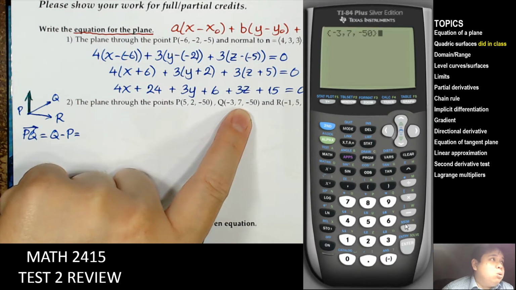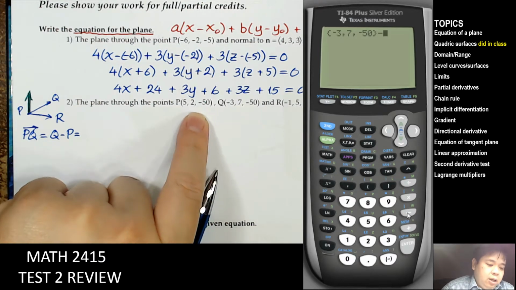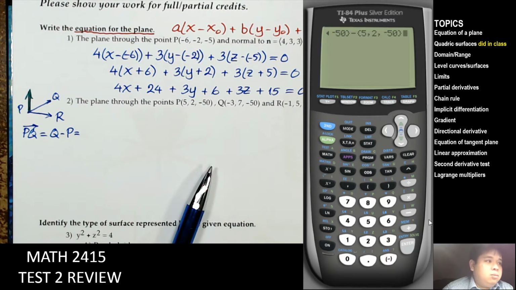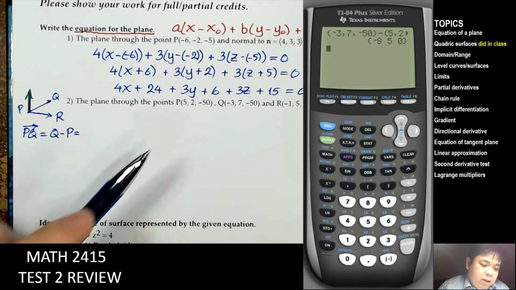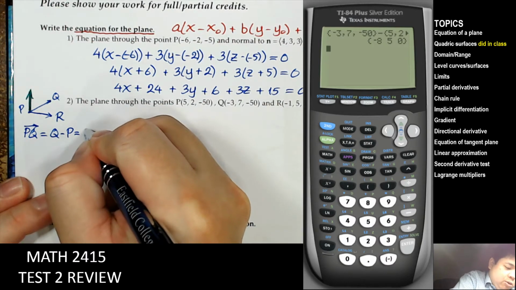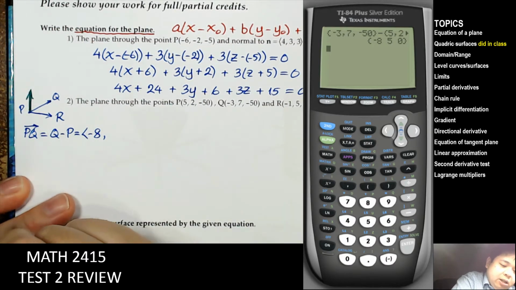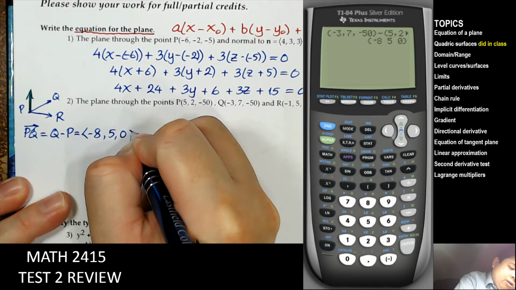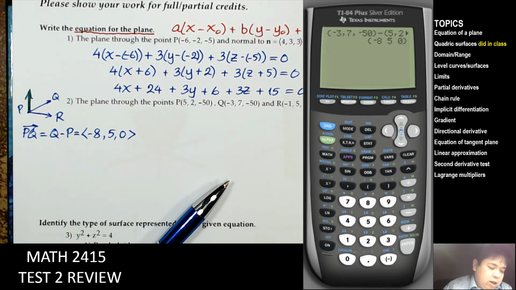And that is the first vector Q. Subtract the point P: second parentheses 5 comma 2 comma negative 50, close. Right, so we have negative 8, 5, and 0. Right, so that is PQ.